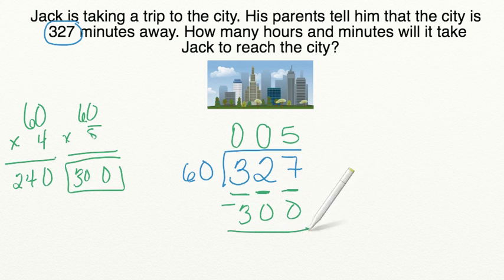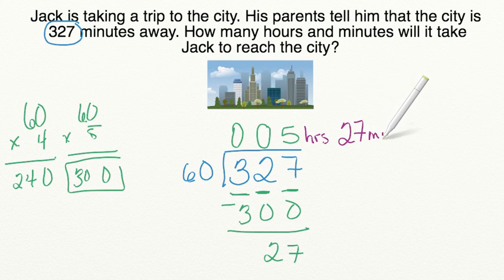When we subtract down, that gives us a remainder of 27. So we know that in 327 minutes, if we break it into hours and minutes, we have 5 hours and 27 minutes. So it will take Jack 5 hours and 27 minutes to reach the city.